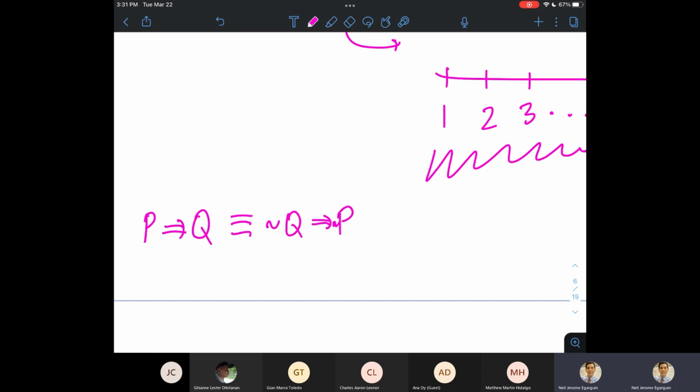And the contrapositive of P implying Q is not Q implying not P. All right? Dahil na-prove na natin yung isang statement of the form P implies Q, then we are sure that the contrapositive is also true. Kaya nga sa 101, minsan nagpo-prove tayo by contraposition. Minsan kasi mas madaling i-prove yung contrapositive kaysa dun sa actual conditional statement.